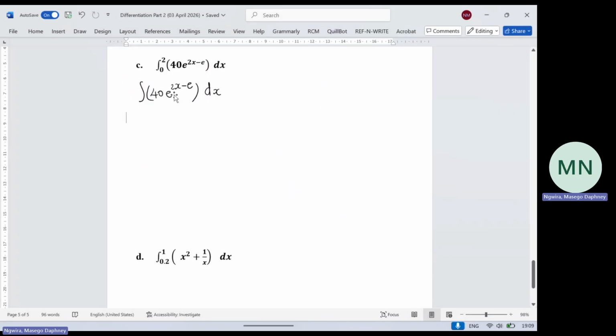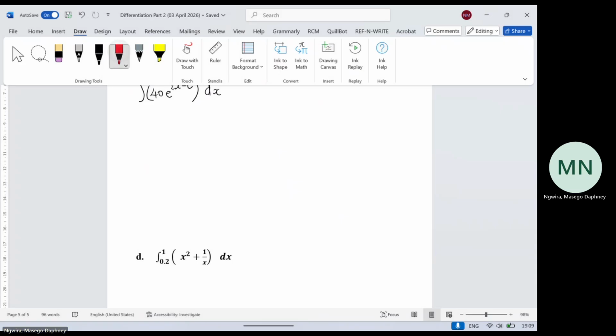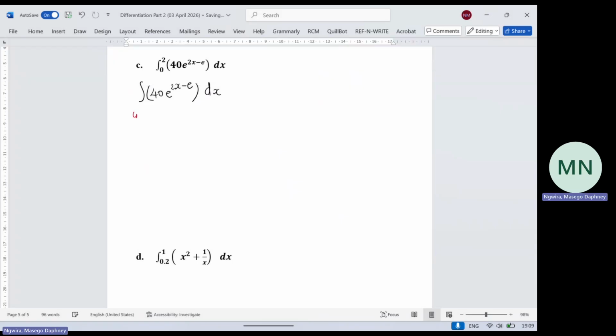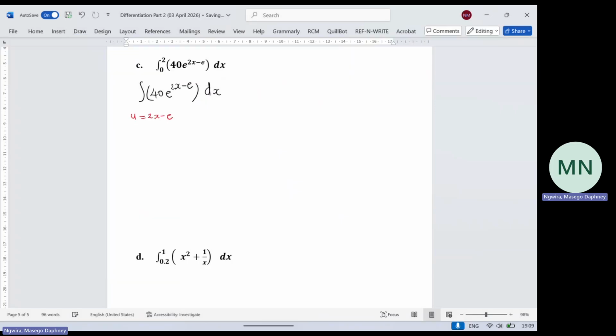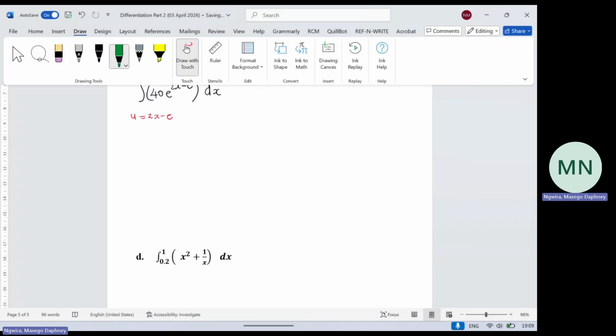So remember we say u. Don't forget, we let u equal 2x minus e. And after that, we find the derivative.